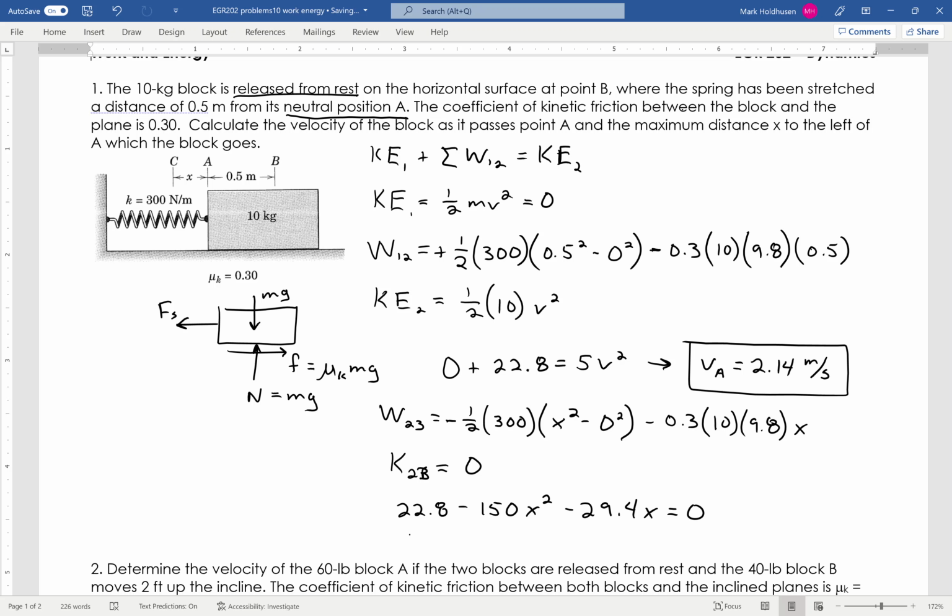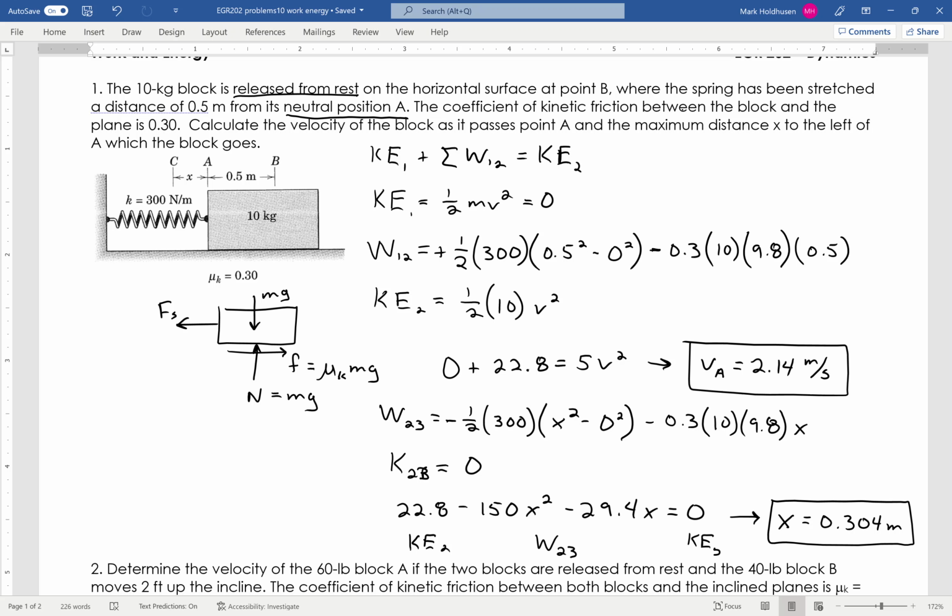So this is KE2, this is the work from 2 to 3, and this is KE3. I can solve this, and I find that x is equal to 0.304.